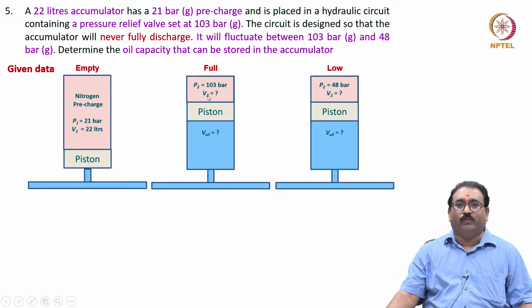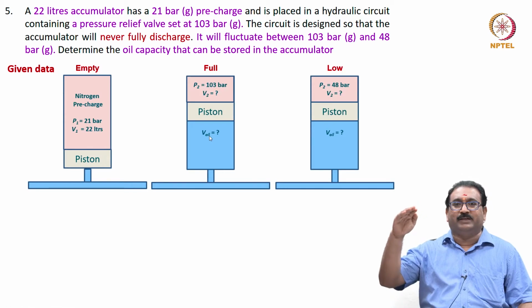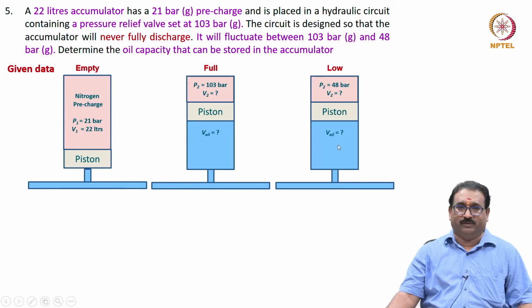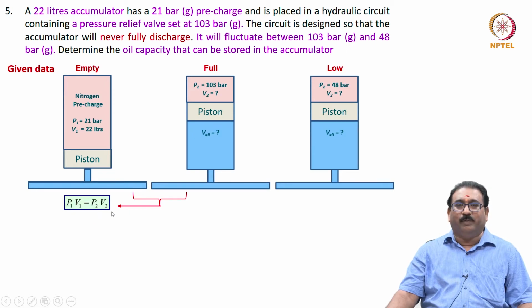For that, first we have to find out V2. You know already P1 V1 equal to P2 V2. From that you have to determine V2, then calculate V oil. Then it is given that the accumulator fluctuates between pressures; the low pressure is P3 equal to 48 bar, and we have to find out V3 and V oil. First I will apply the equation for the empty and full states: P1 V1 equal to P2 V2.